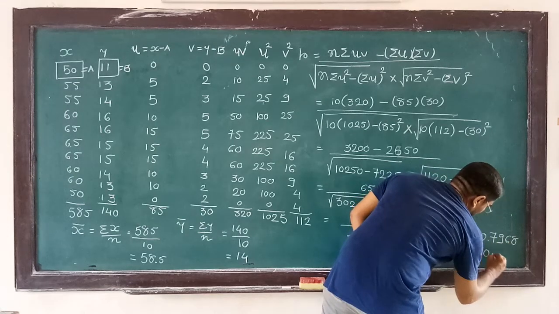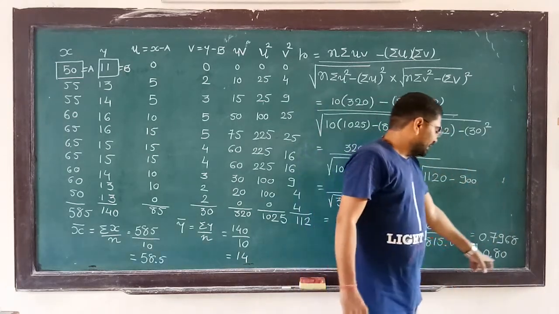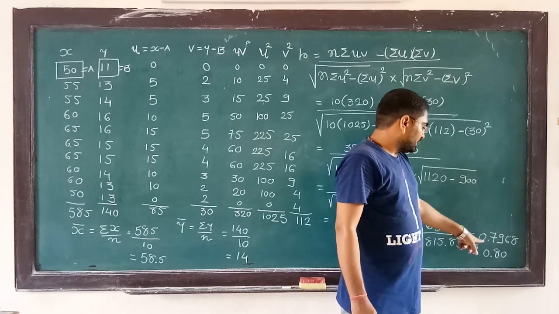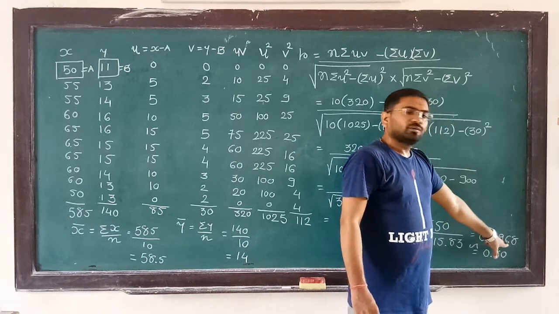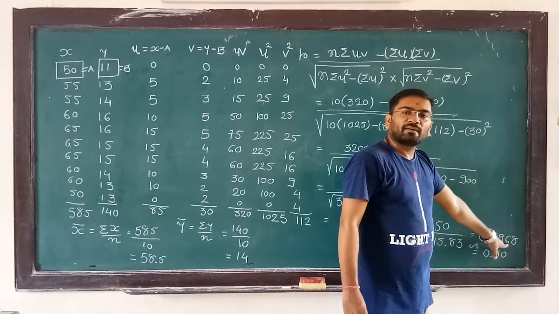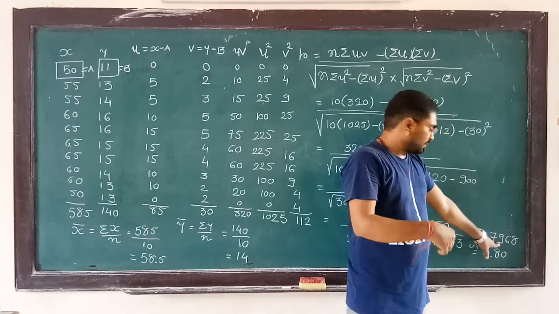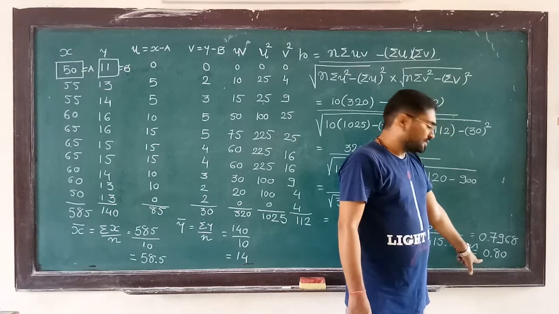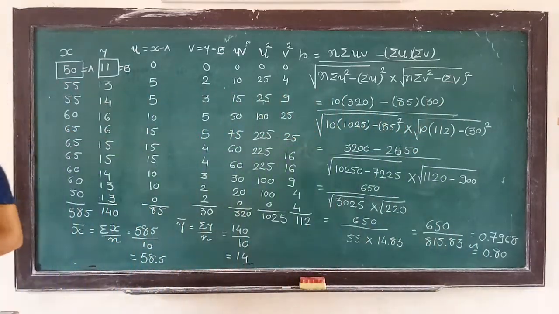Rounding to 2 digits, 0.80. Compare it: in 0.79, the digit after 2 places is more than 5, so we add 1 to the previous number. Let's write 0.80. Thank you.